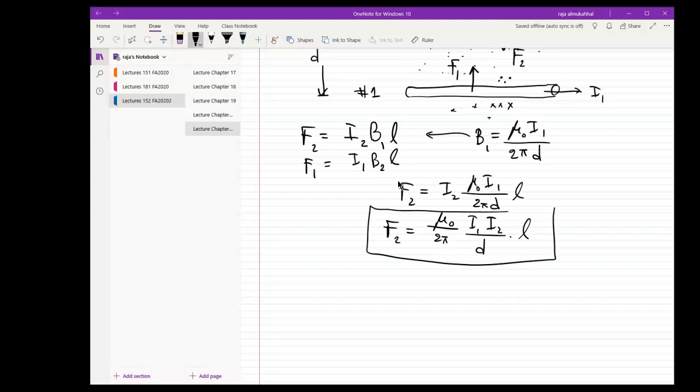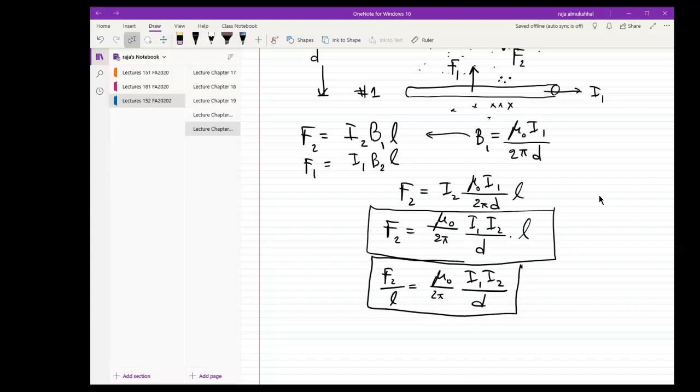I want to write one more version, where I take the L here and put it underneath. So it can also be written as F2 over L equals mu naught over 2 pi times I1 I2 over d. So basically, I have just derived the force between two wires.